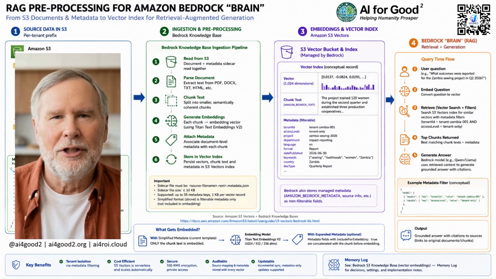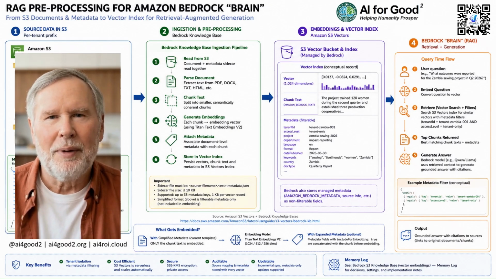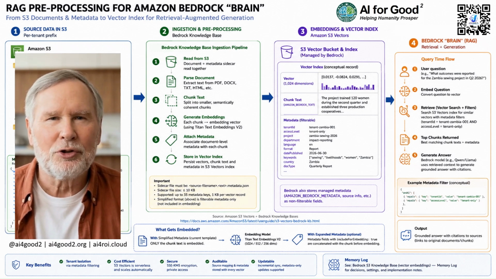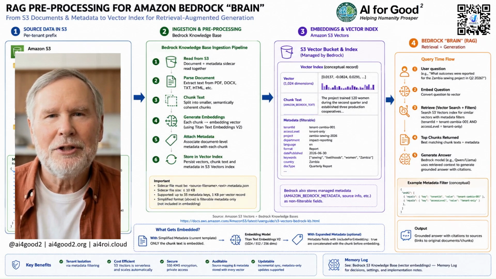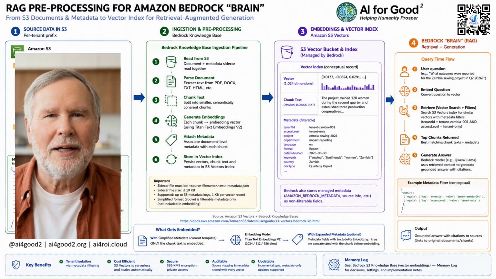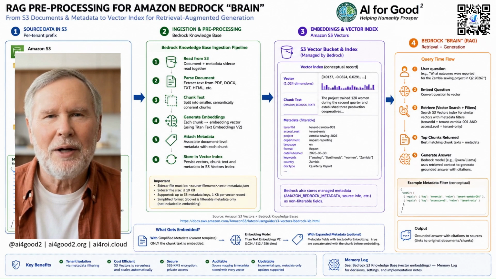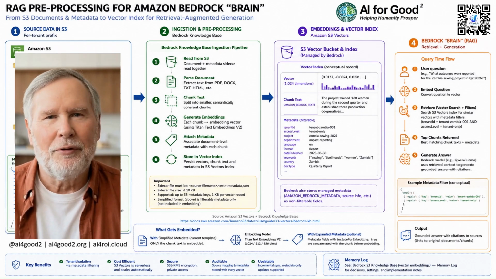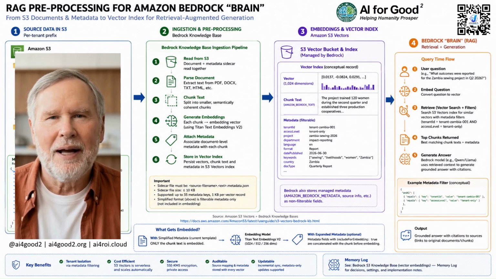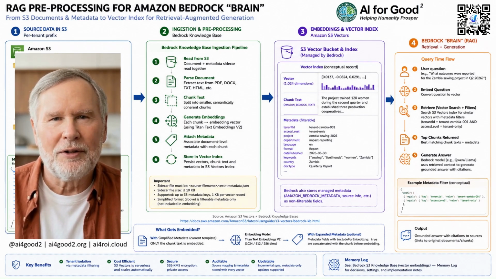The text is intelligently chunked into smaller, semantically coherent segments. 4. Each chunk is converted into a high-dimensional embedding vector using Amazon Titan Text Embeddings v2. 5. Rich filterable metadata is attached to every chunk: tenant ID, project department, language, format, keywords, publication date, and more. 6. Finally, the vectors, chunk text, and metadata are stored together in the vector index.